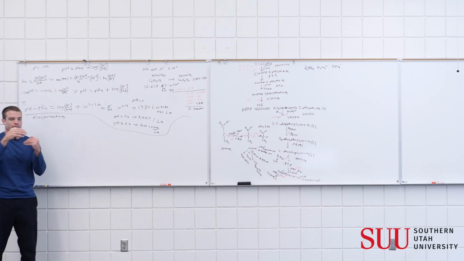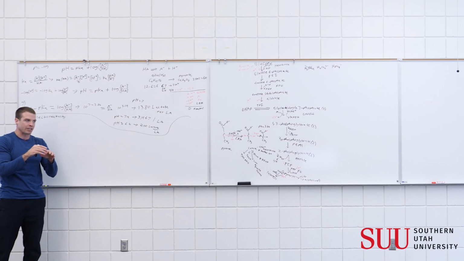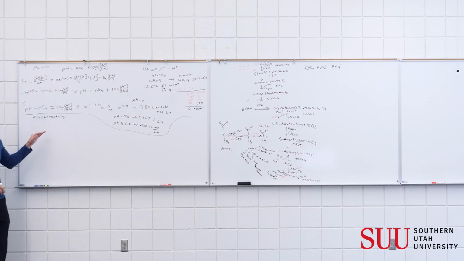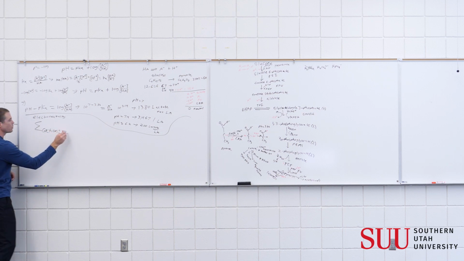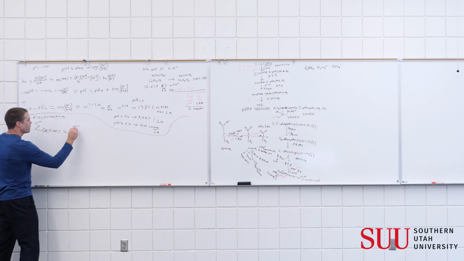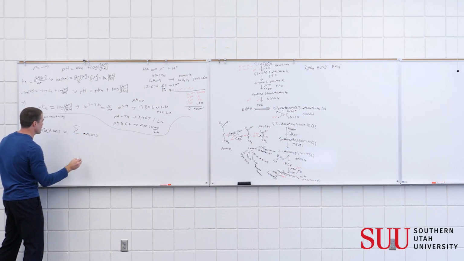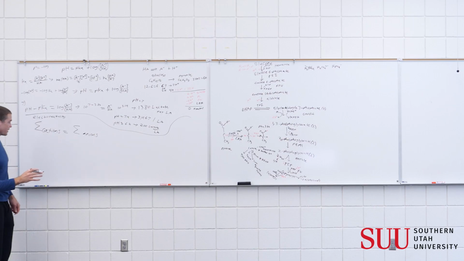So that's why you form this capacitance or voltage gradient. But they're balanced with each other. There's actually a balance across that membrane. So with electroneutrality, it's really just this: the sum of all the cations is going to equal the sum of all the anions. That is the law of electroneutrality.